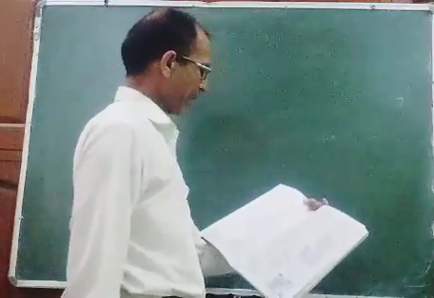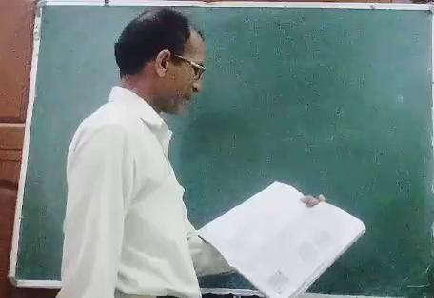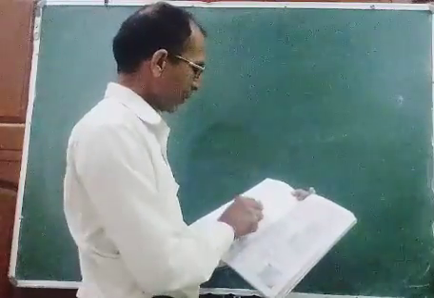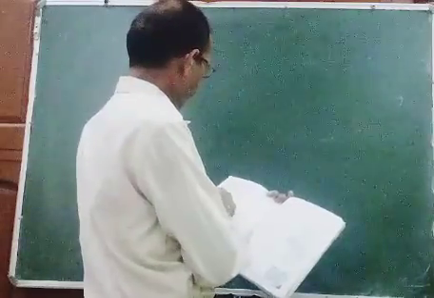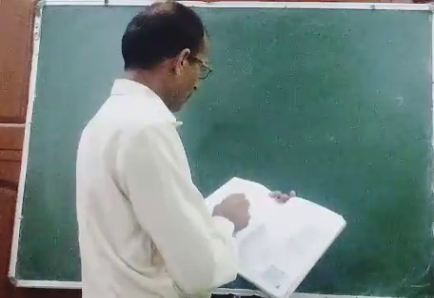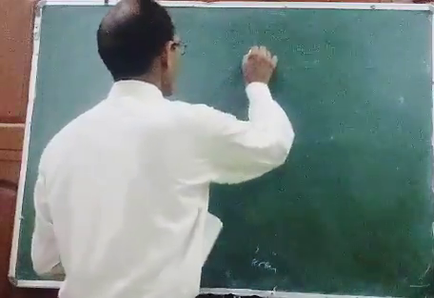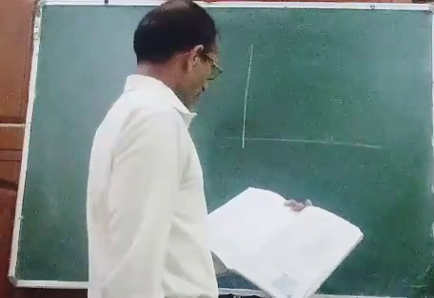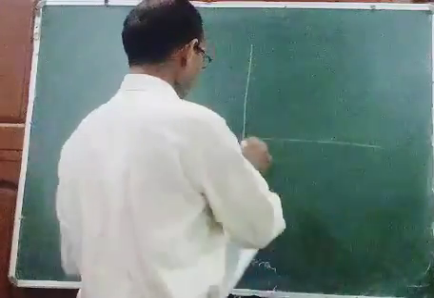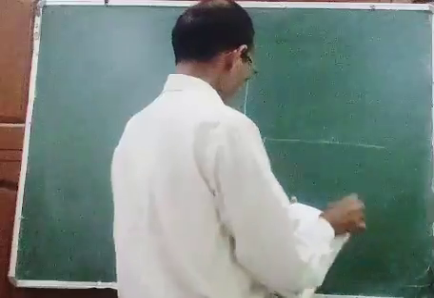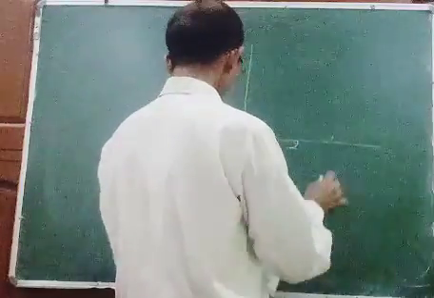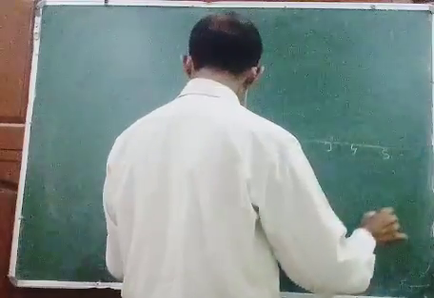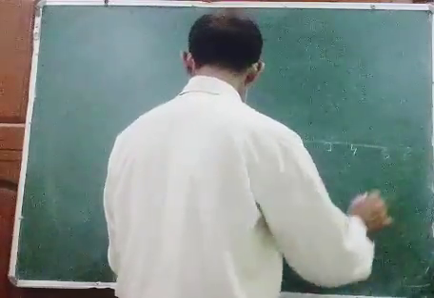In the graph as shown in figure, the change in y when x changes from 0 to 10. So 0 to 2, sorry, 0 to 2. So x changes from 0 to 2. So this also will be like this. Now see, 0, 1, 2, 3, 4, 5 and 6.